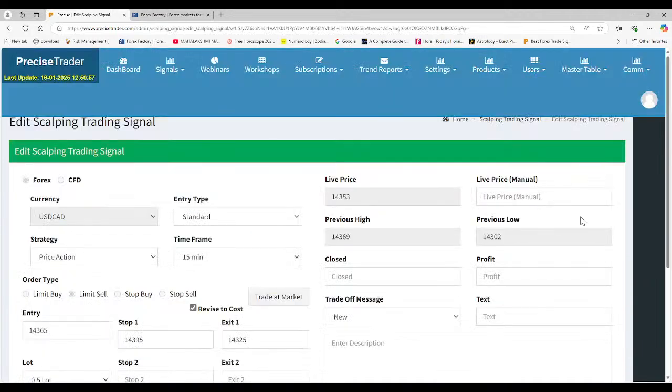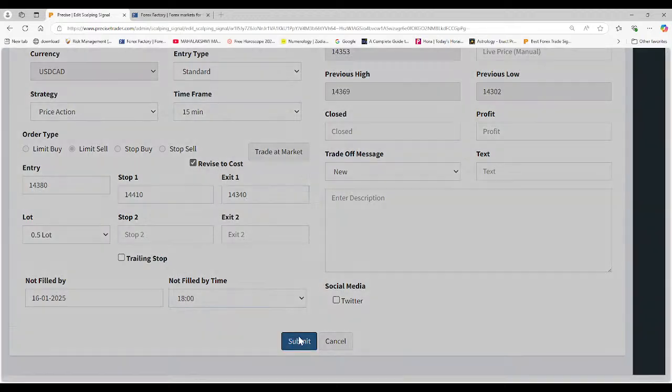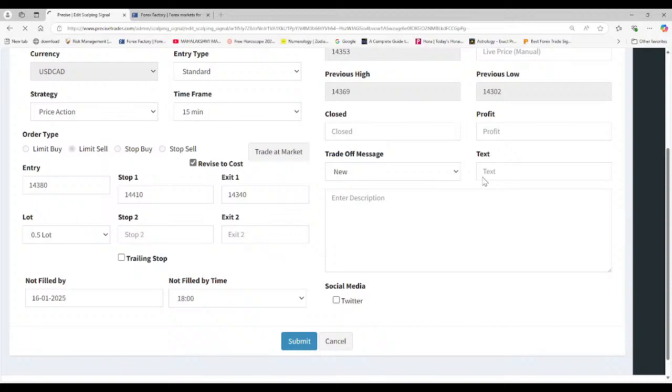We'll try to revise this to 143.80, and remember we have to exit before 143.30 or 143.40. So we will try to exit at 143.40, and this one we will give until 1800, that means until the end of this time belt.